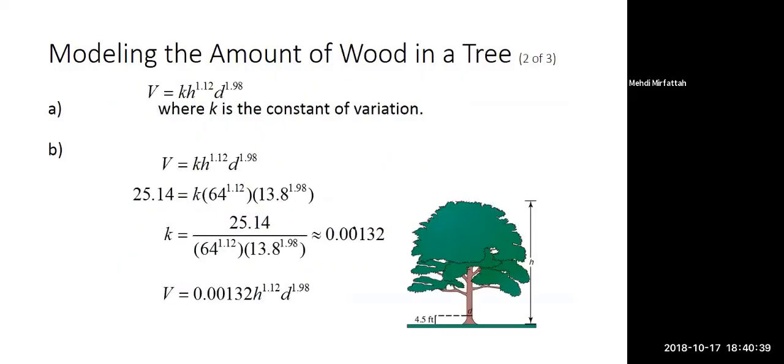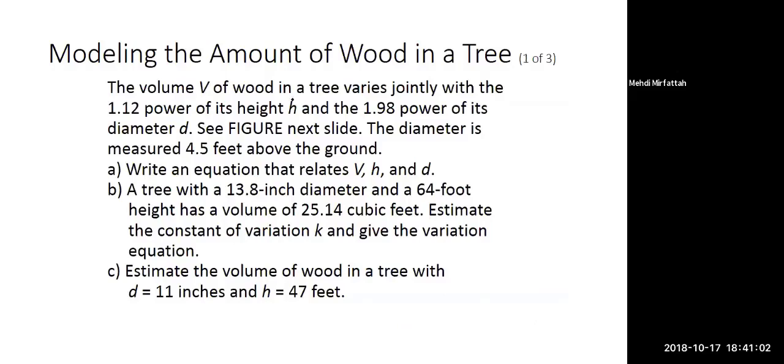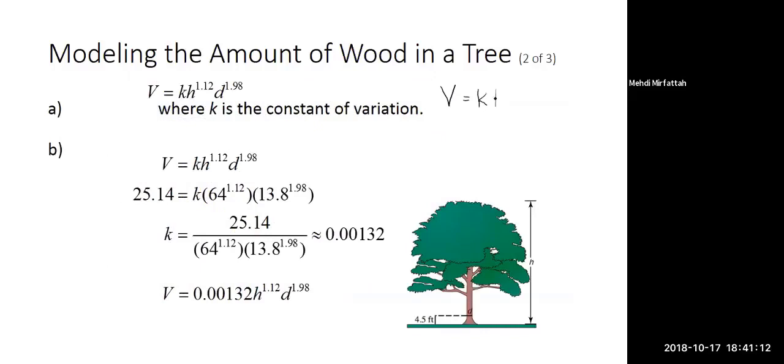So here's our formula. It says V varies jointly. So when it says varies jointly, right away we're going to put some factor K here. Jointly with what? It says jointly with the 1.12 power of height, so it means H to the power of 1.12.